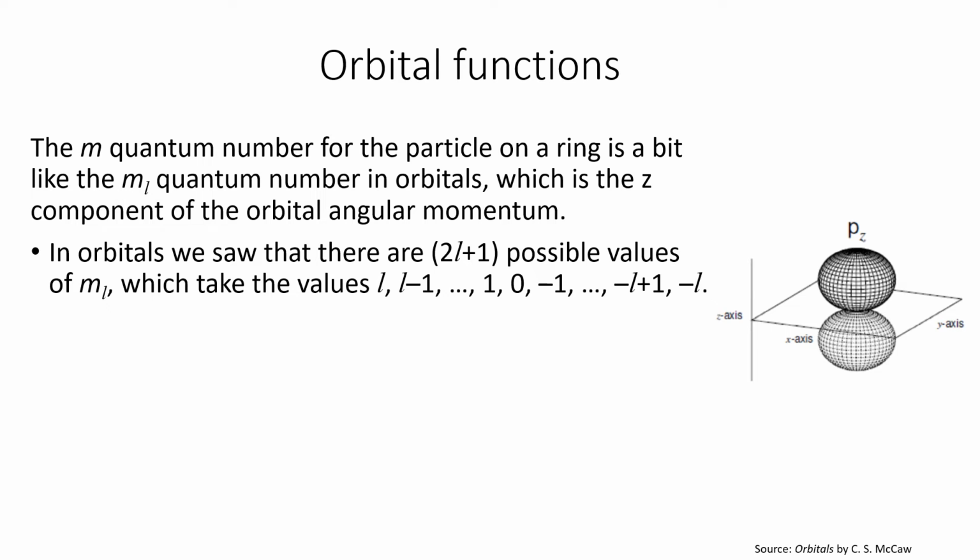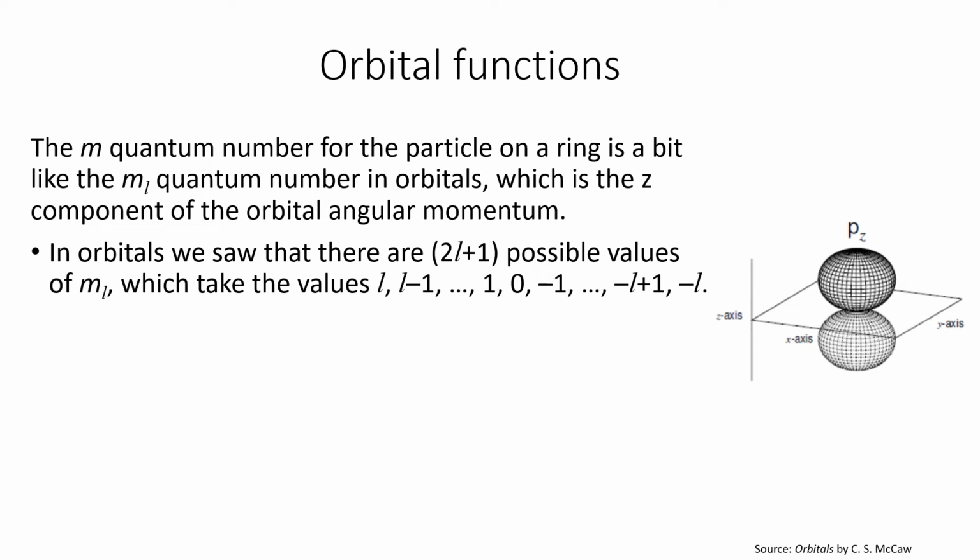And so you may remember that when we were looking at quantum numbers, when we were looking at orbitals before, we said that the quantum number L, which gives us the orbital angular momentum, effectively is the quantum number that labels which subshell you're in. And then once you're in a particular subshell, which effectively is the length of that orbital angular momentum vector, then the ml is the projection of that onto the z-axis.